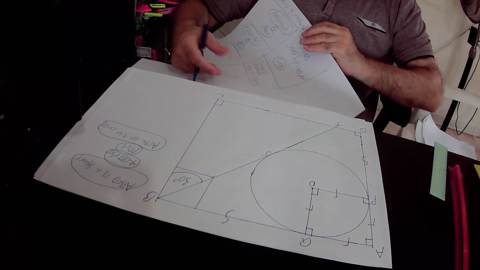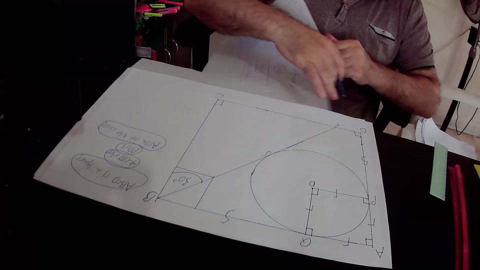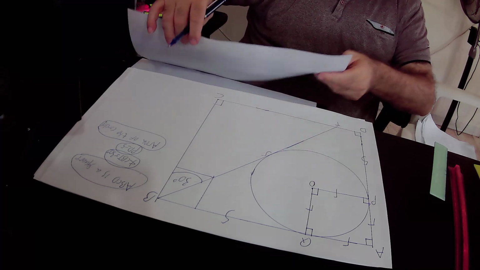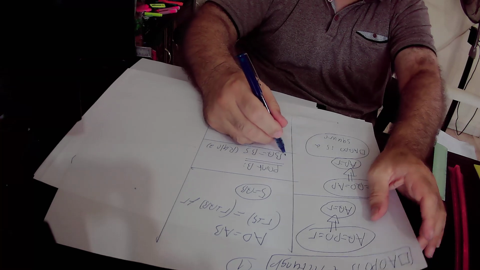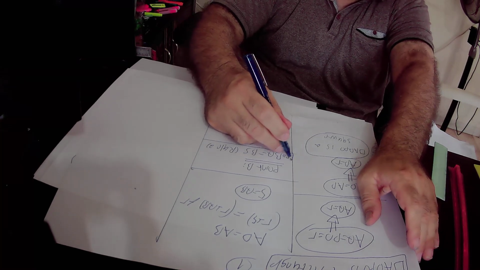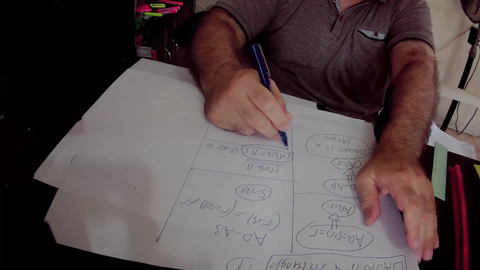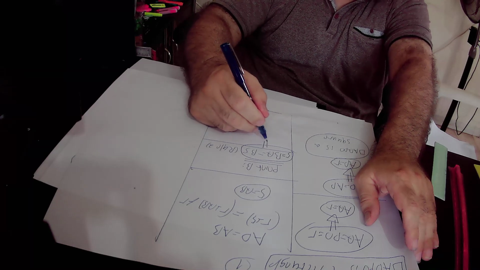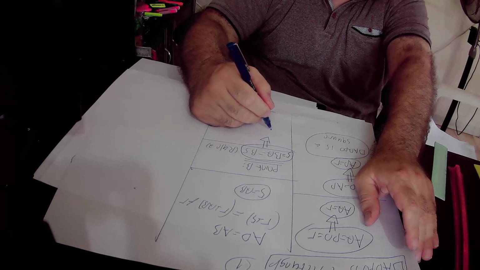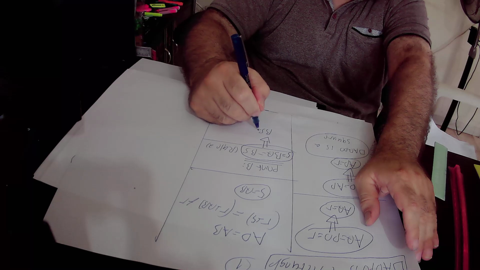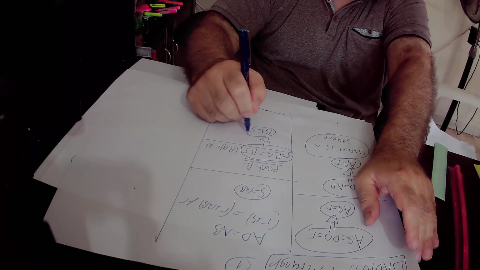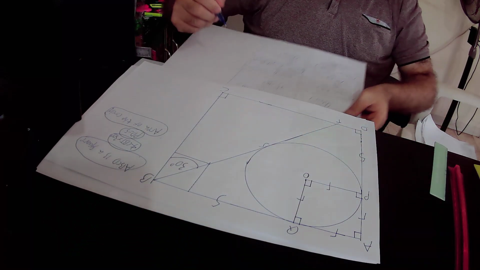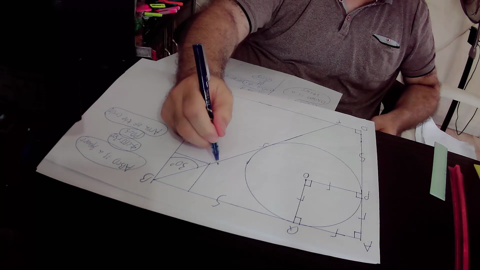But we have already found out that BQ equals 5 units. So we can write here that BQ equals 5. And from this equation, 5 equals BQ equals BS. We will derive that BS is also equal to 5 units.